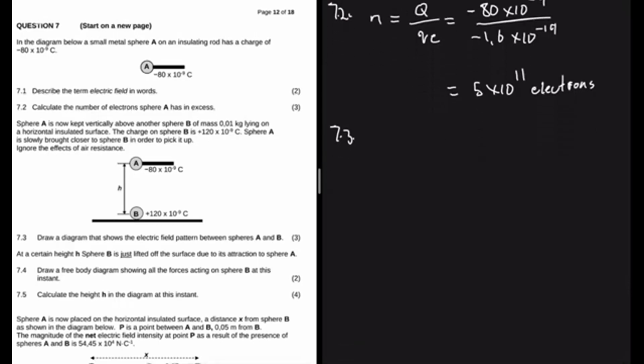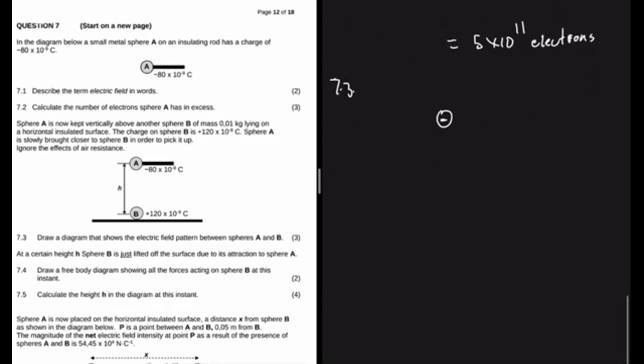So sphere A is negative, let's put it here, and then down here let's have sphere B, which is positive. So the electric field on sphere B, which is positive, will be pointing out, while the electric field on sphere A, which is negative, will be pointing towards itself, right? So let's have something like that.